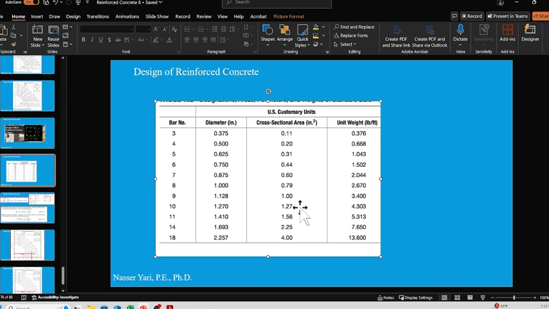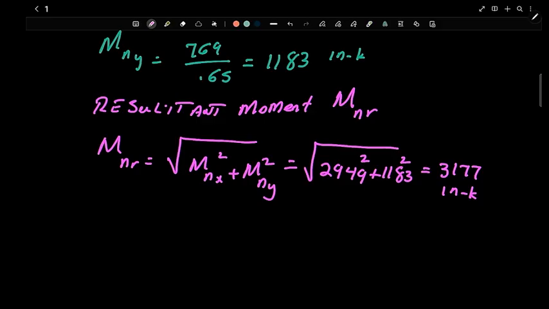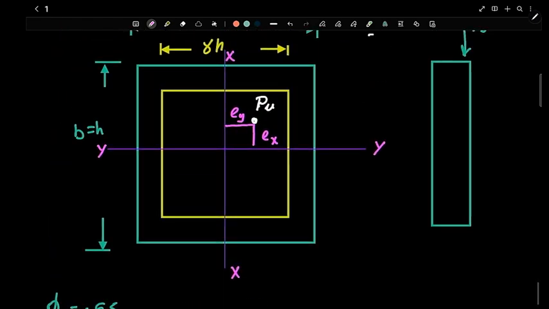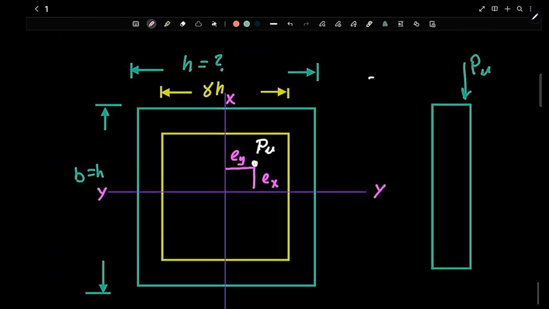Let's go ahead and come back in here. Okay, so if we come back down here, our H came out to be 15 inch. So B also comes out 15 inch.